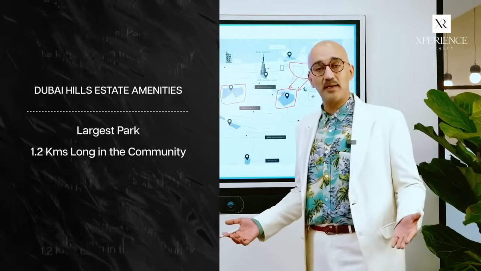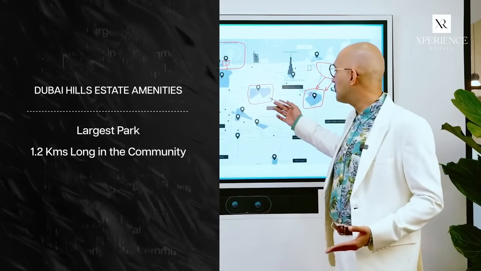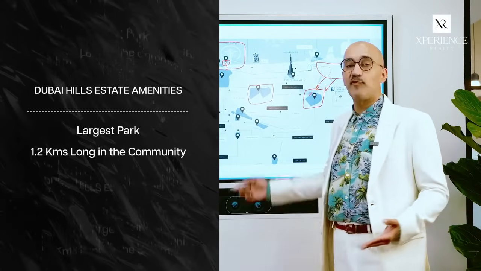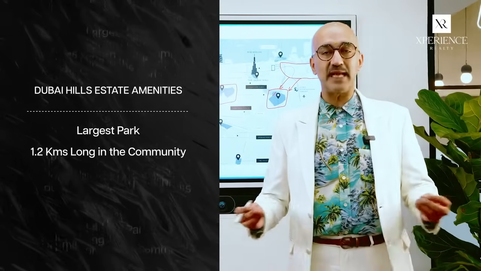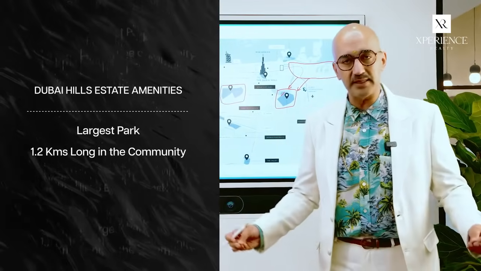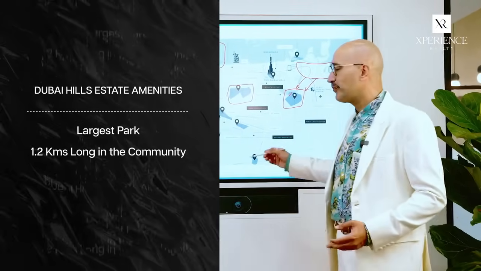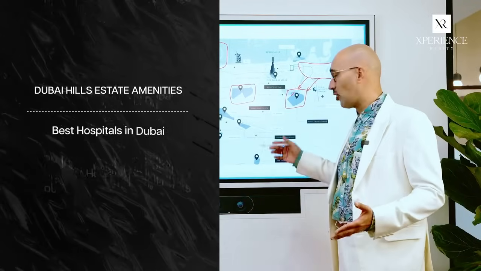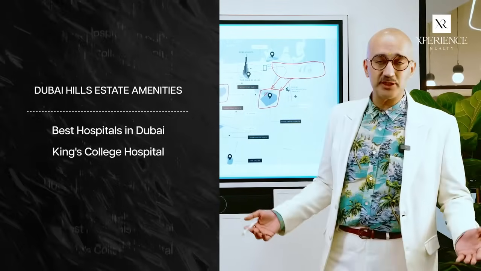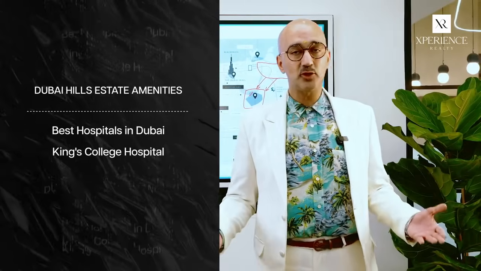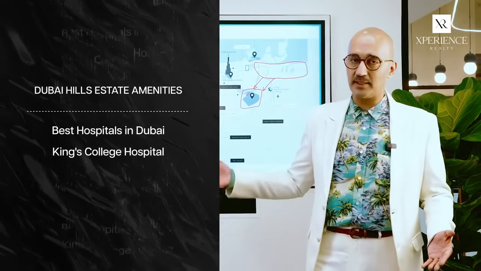But Emaar, being Emaar, values space for its residents, and this is what distinguishes and separates Emaar from other developers. Besides that, Dubai Hills Estate has one of the best hospitals in Dubai, King's College Hospital. God forbid, if you have an emergency and you need to access a hospital, it's at your beck and call.